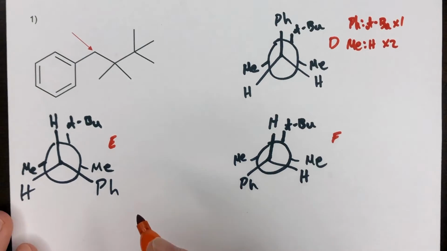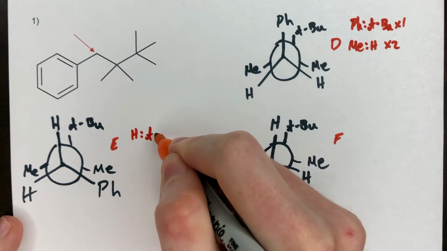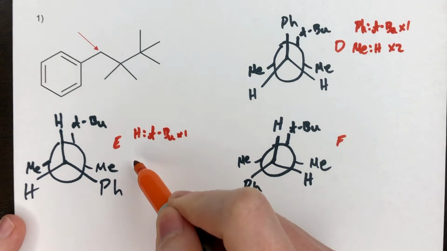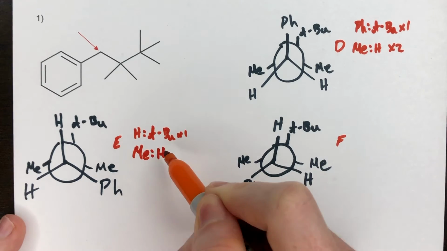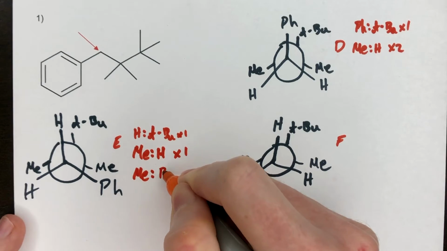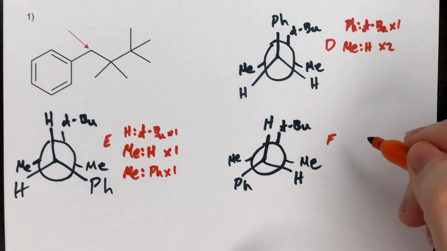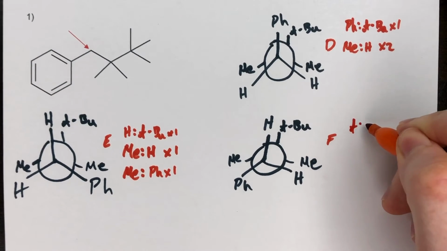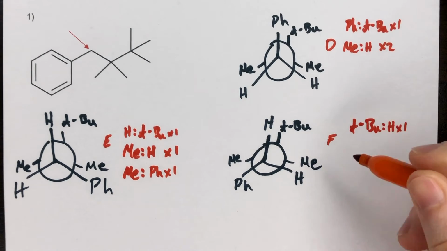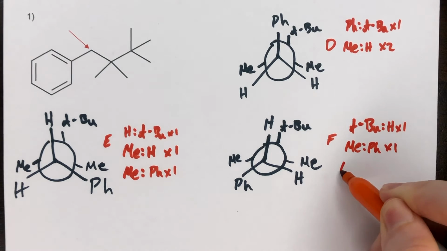Okay, and then in E, we have a hydrogen T-butyl eclipsing, one of those, and then a methyl hydrogen, just one of those, and a methyl phenyl, again, just one of those. And then this will be exactly the same as the last one in terms of the interactions that we have. So T-butyl hydrogen eclipsing, methyl phenyl, and a methyl hydrogen.